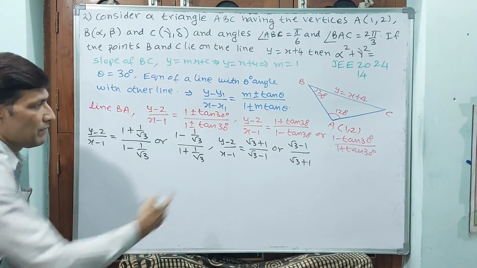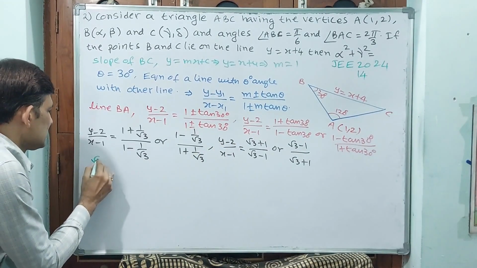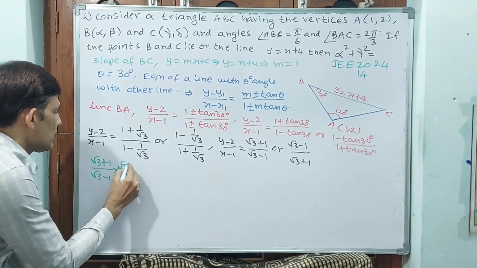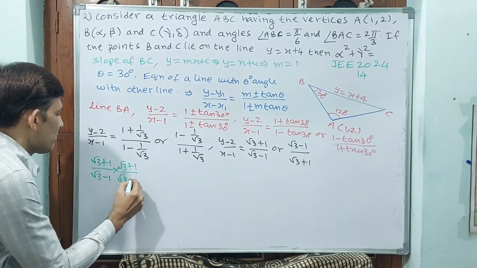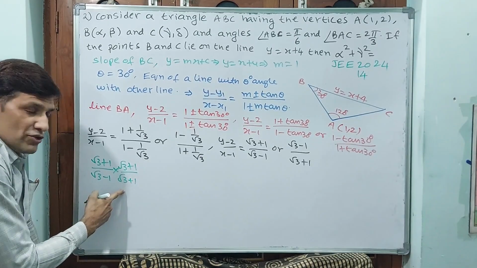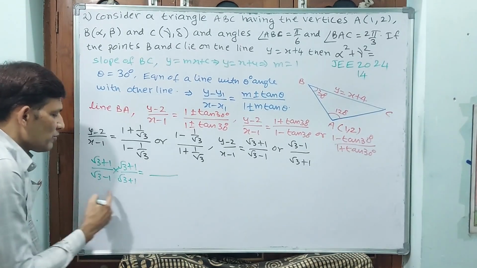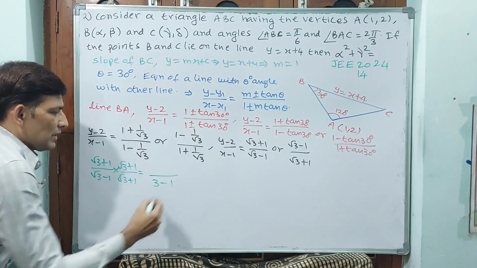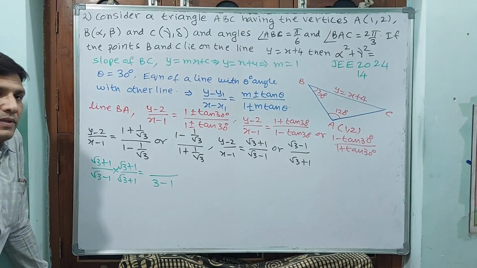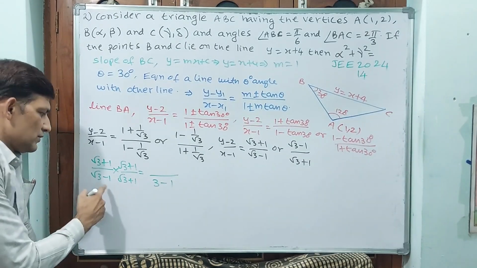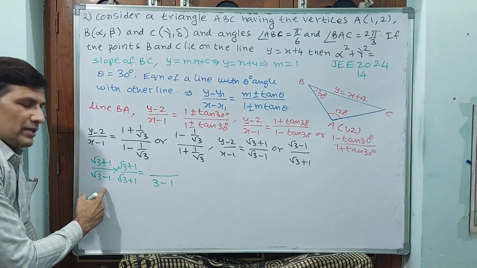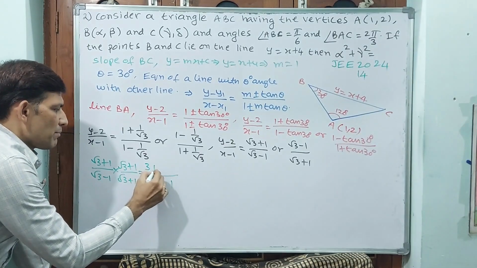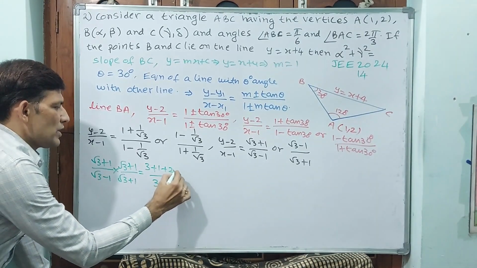Then only we can get this answer. See how I am doing this rationalization. First, (root 3 plus 1) by (root 3 minus 1) into (root 3 plus 1) by (root 3 plus 1). Denominator conjugate I have taken. Denominator is going to become a square minus b square, 3 minus 1. But the numerator is a plus b whole square, a square plus b square plus 2ab.